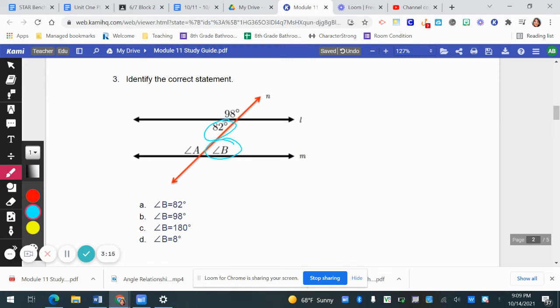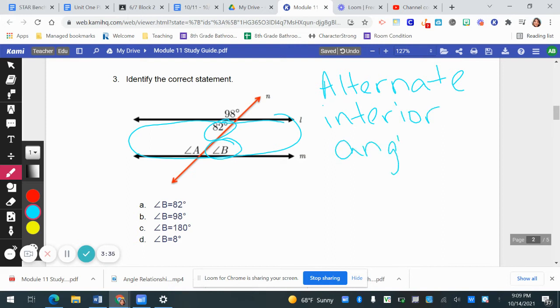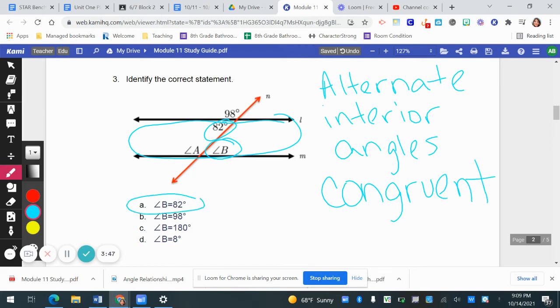These are on the opposite side or alternate side, and they are both inside the meat. So alternate interior angles. And what do we know about alternate interior angles? They are congruent. So the measure of angle B must be 82 degrees.